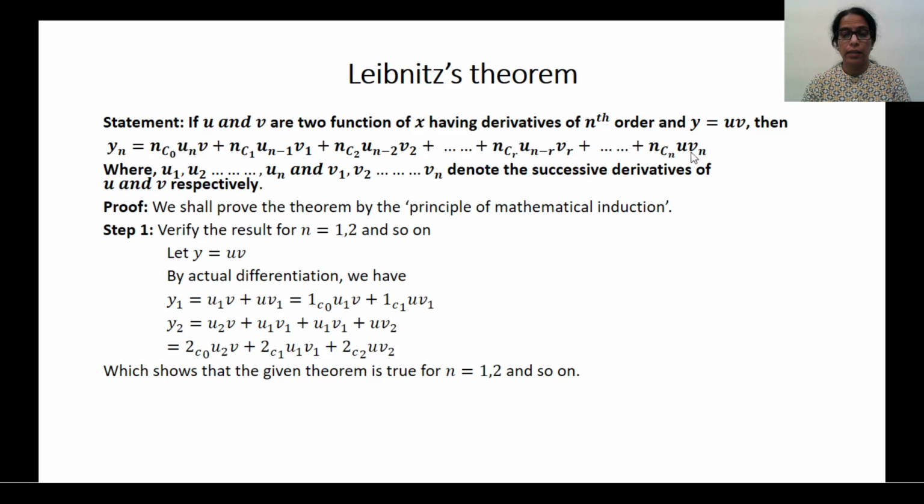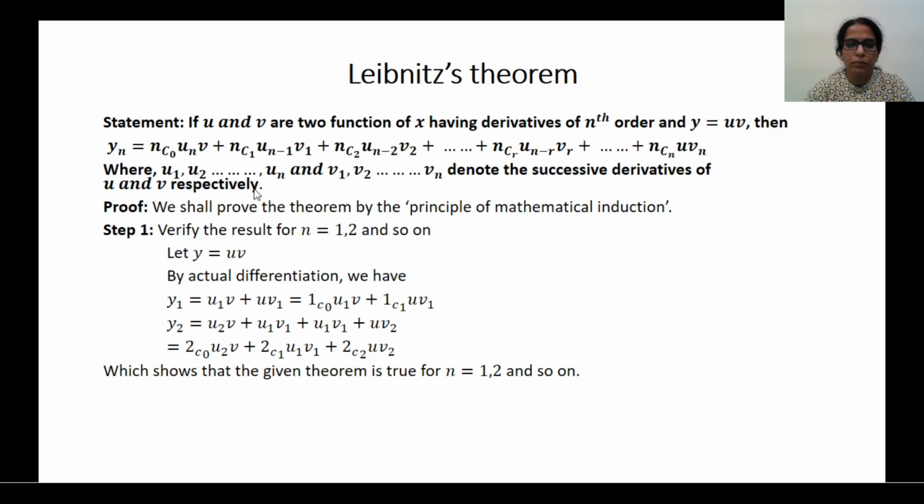So this is the nth derivative of the product of the functions u into v, where u1, u2, un and v1, v2, vn denote the successive derivatives of the functions u and v respectively.